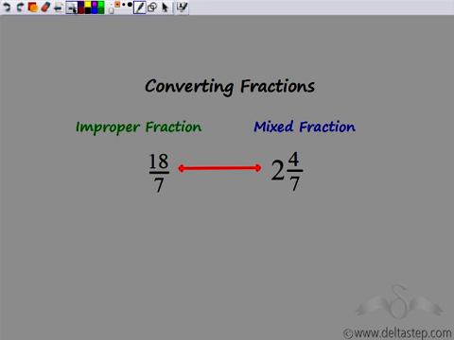I know that this is a number which is greater than 2 because it is 2, 4 by 7. So this number would actually lie somewhere between 2 and 3. It is a number which is greater than 2. So mixed fractions are easier to interpret, whereas improper fractions are easier when I use them in arithmetic. When I need to calculate sums, solve sums, then improper fractions are much easier.